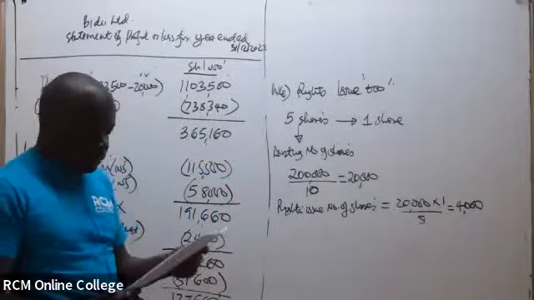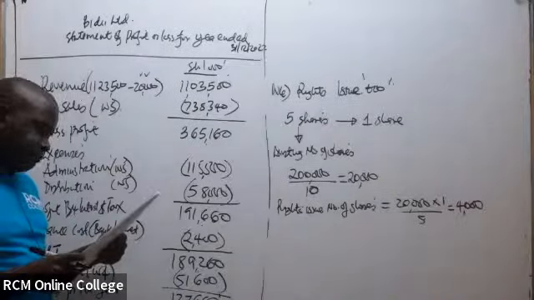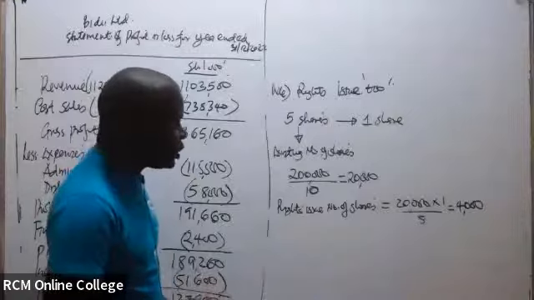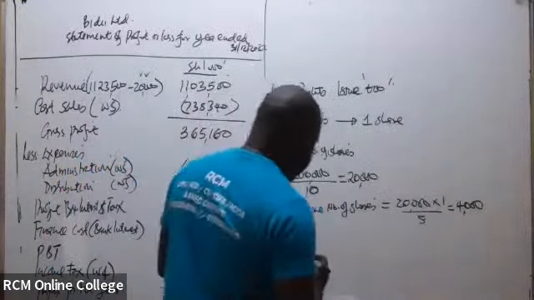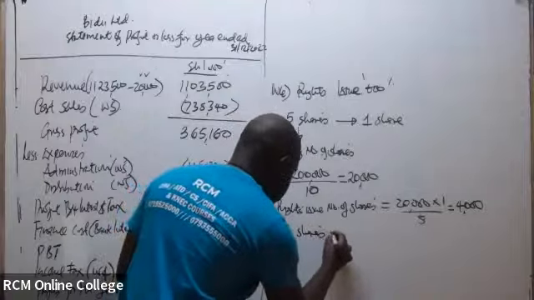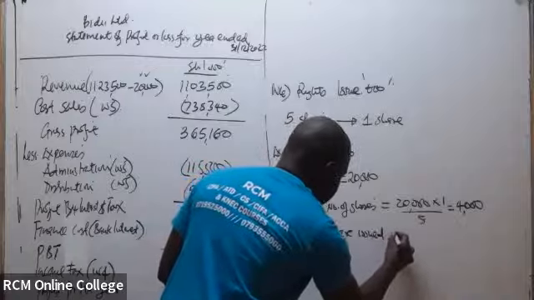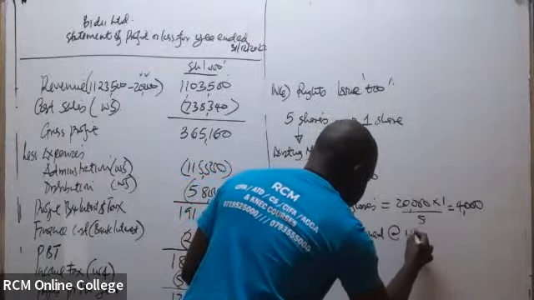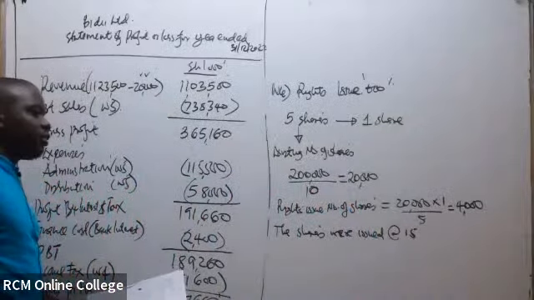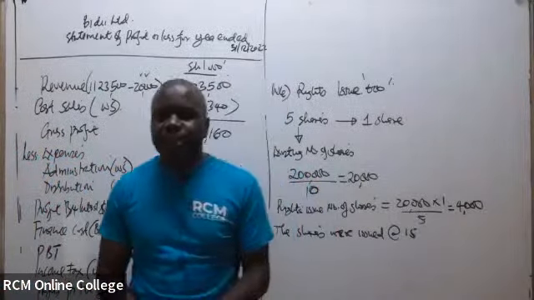Then, of course, you are told that they issued these shares at a price of how much? 15 shillings. But remember, the par value or the face value of the shares was actually how much? 10 shillings.